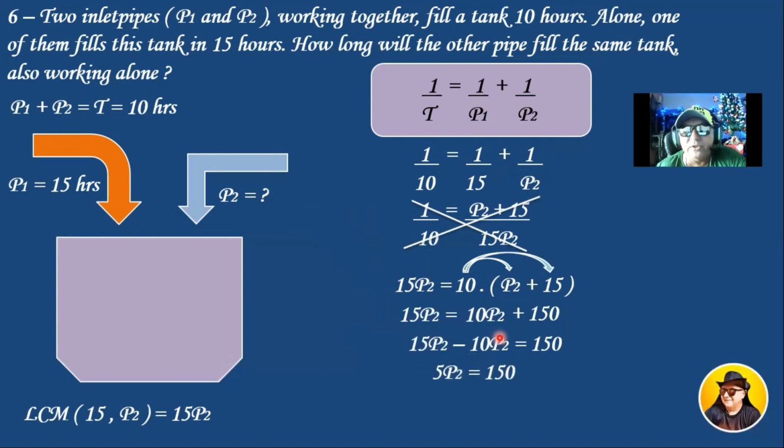So 5 P2 is 150. And this 5 here is going to come to the right side of the equation, dividing. So P2 is 150 divided by 5. And I can do this division, and I know that P2 is 30 hours, okay?